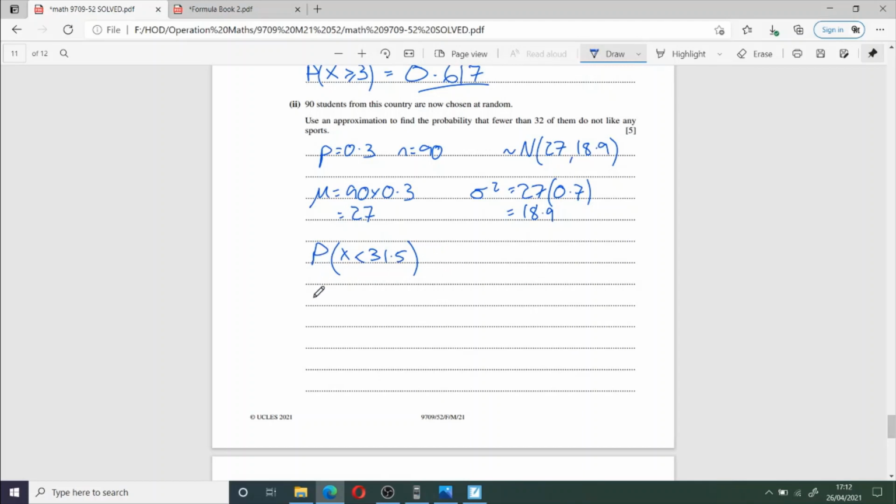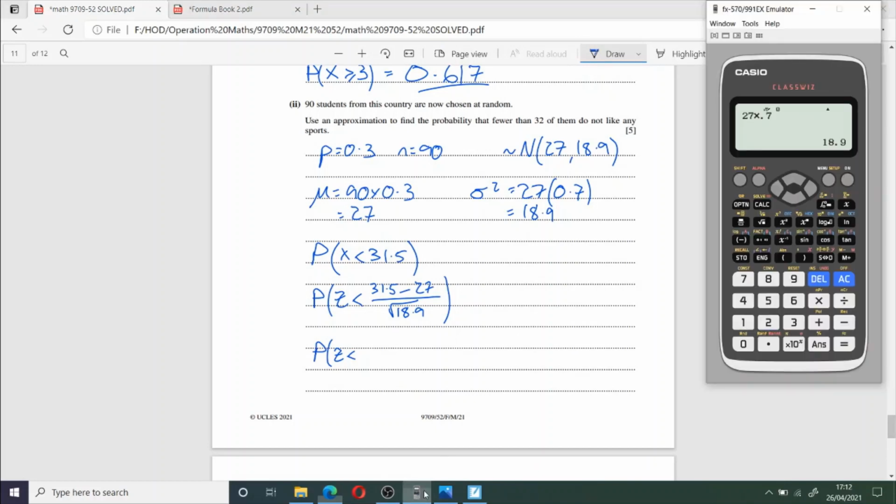Let's now normalize this. So that would be P of z is less than 31.5 subtract 27 divided by the square root of 18.9. So that is z is less than, we'll get our calculator and do 31.5 minus 27 divided by the square root 18.9.